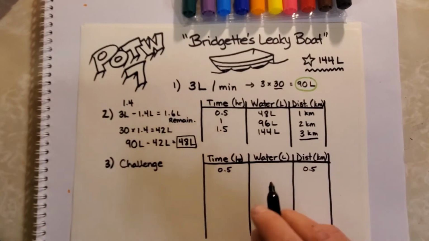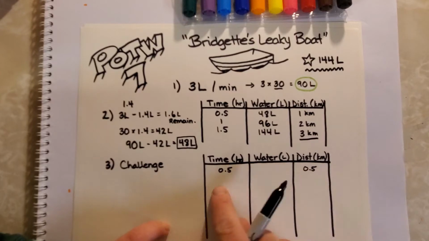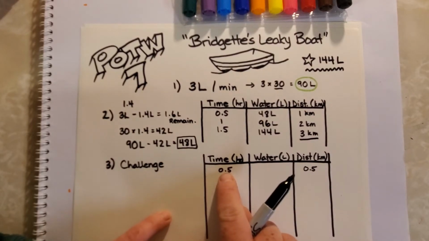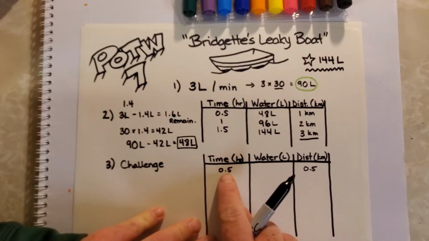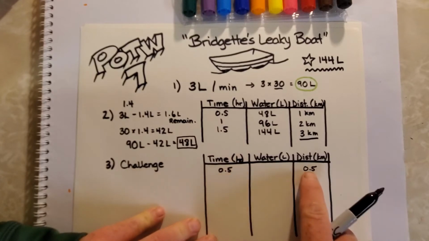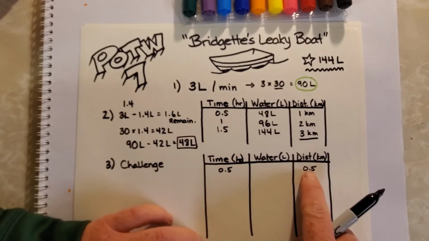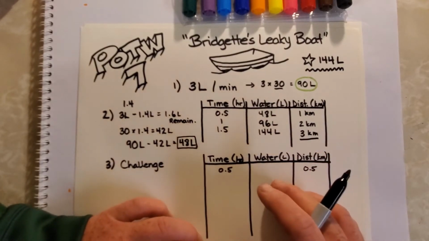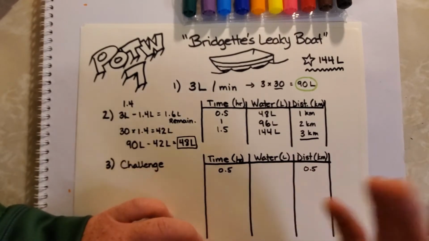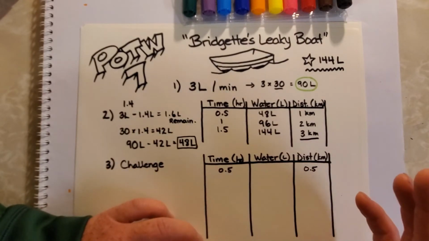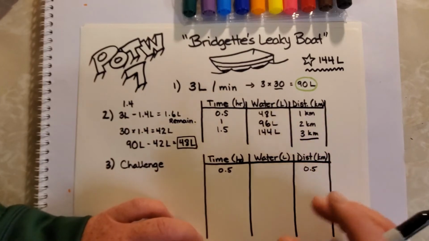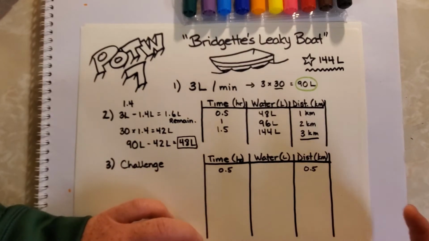The biggest change in this chart, you can see right away, is the time and its relationship to distance. Because in this scenario, they're saying that Bridget's bailing out more water, which causes her to slow down because she can't paddle as much.